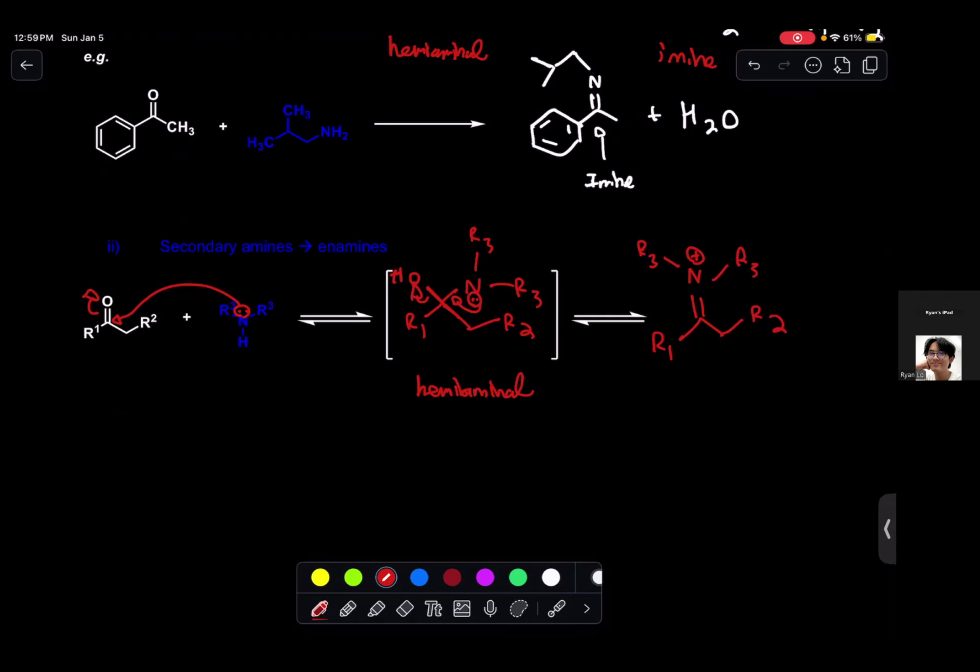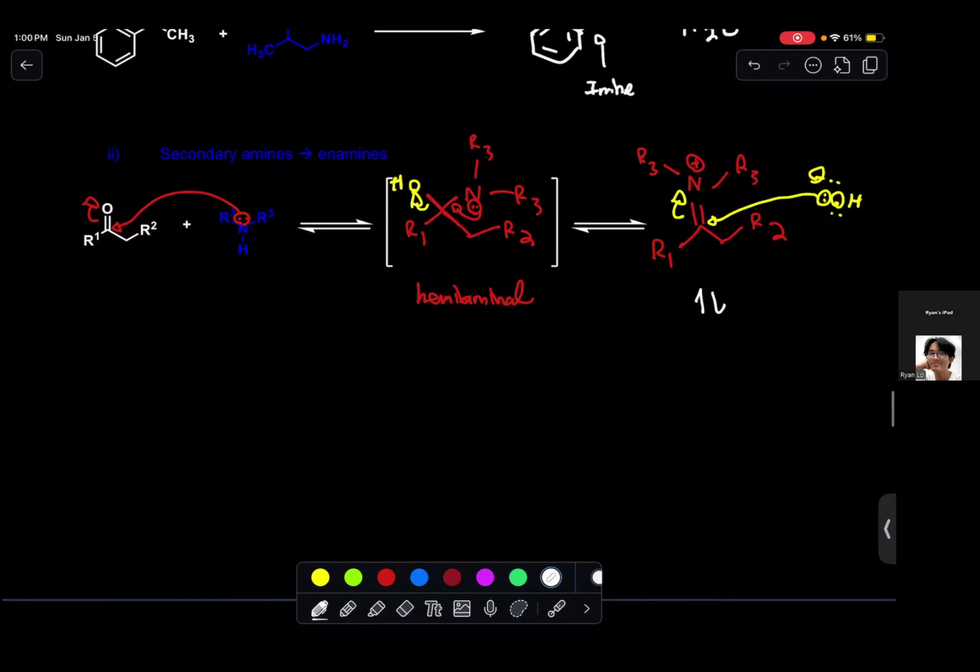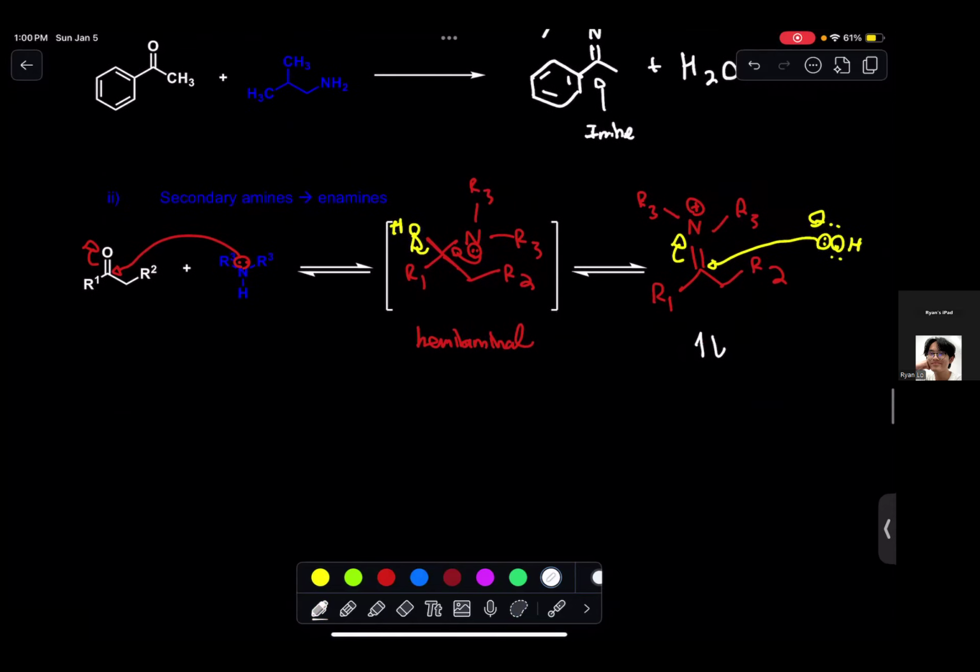And then from here, your OH that you had pushed off originally, I'm going to highlight this in yellow, can then come over here, takes a good nucleophile, sees an opportunity, pops off onto here. And then something wonderful is going to happen. This is kind of like a semi-elimination here.